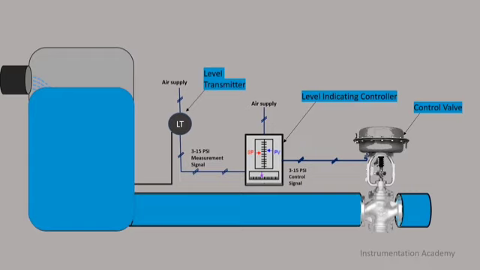The last instrument in this control system is the control valve, being operated directly by the air pressure signal generated by the controller. This particular control valve uses a large diaphragm to convert the air pressure signal into a mechanical force which helps to move the valve open and close.